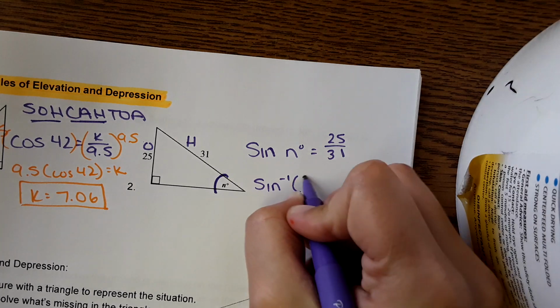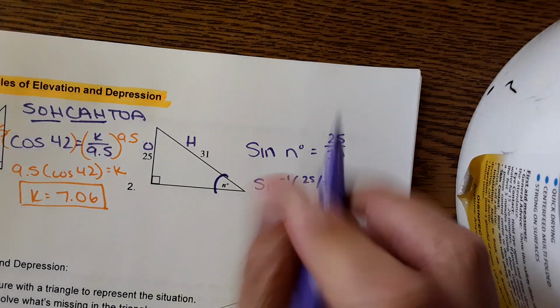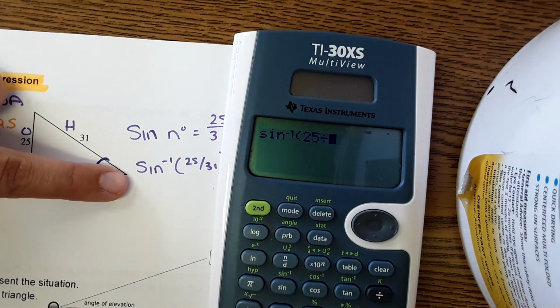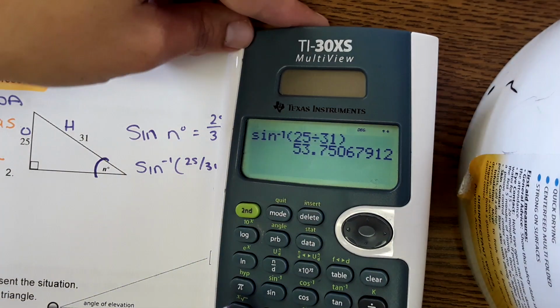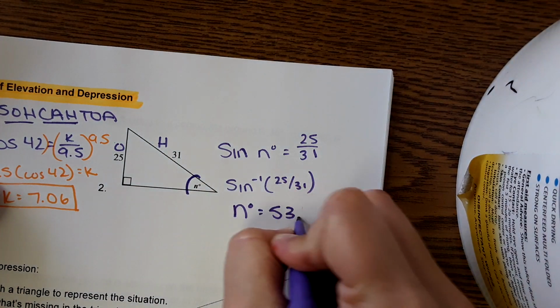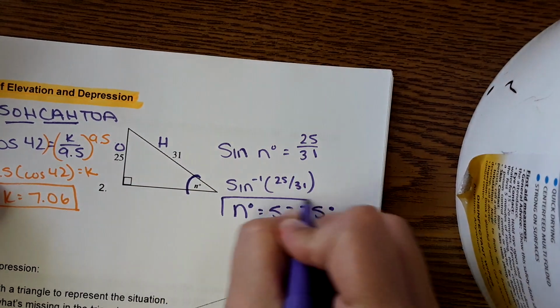So sine to the -1, 25 over 31 is what we're going to do in the calculator. So in here, second sine, 25 divided by 31. And you get this number, 53.75. So n degrees is 53.75 degrees.